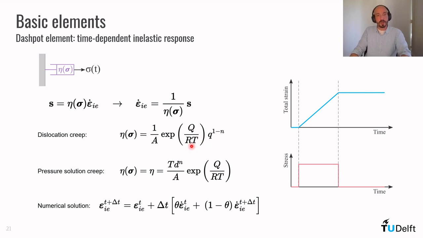We can see that for higher temperatures, we have lower viscosities, which means that for higher temperatures, the dashpot deforms faster for the same stress. And if we have lower temperatures, it's harder to deform the material. You can think of honey, for example, or oil. If you increase the temperature, the viscosity decreases, so it's easier to move oil at higher temperatures than it is to deform oil at lower temperatures.